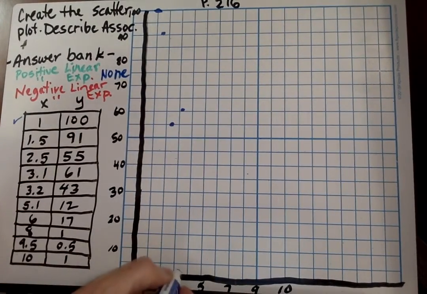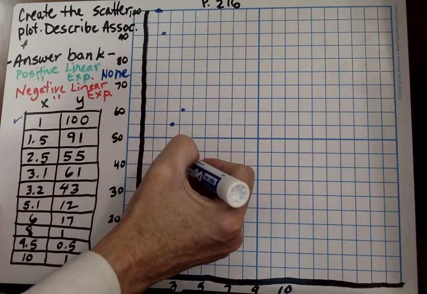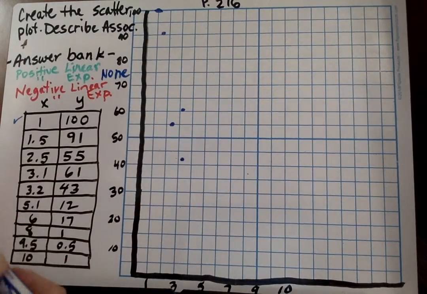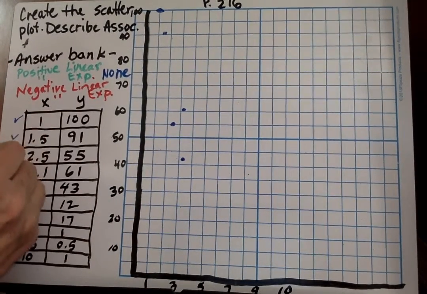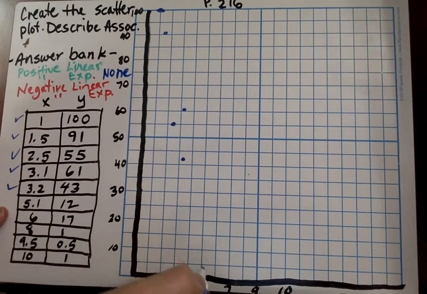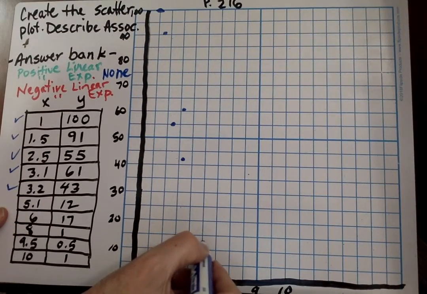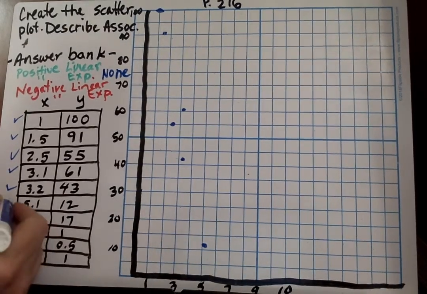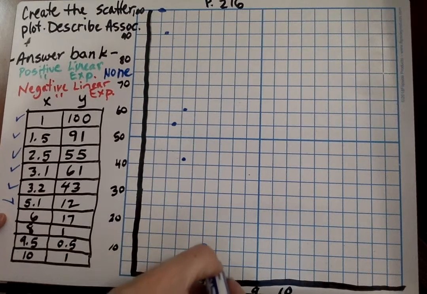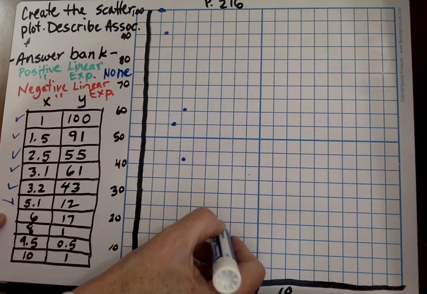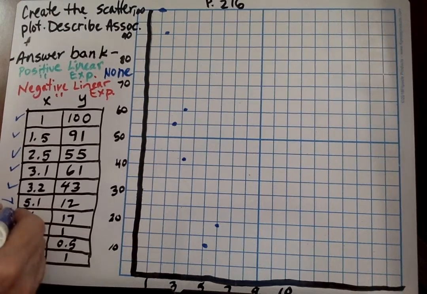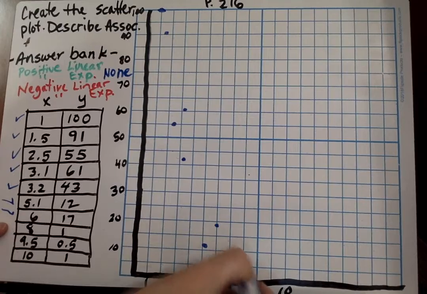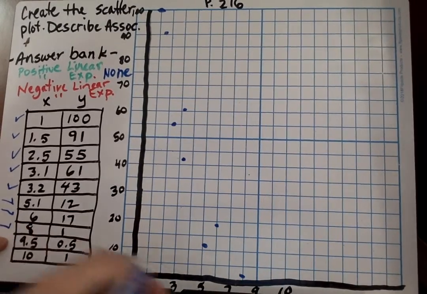Okay, 3.2, 43. 5.1, 12. 6, 17. 8, 1. 9.5, 0.